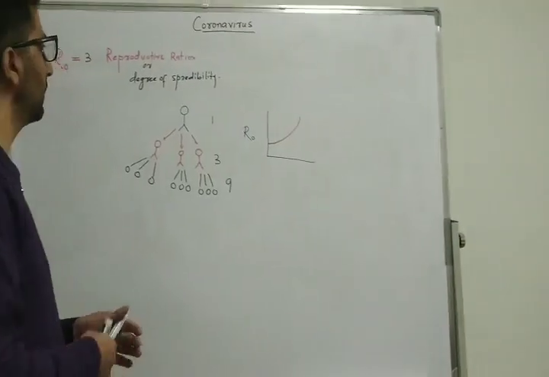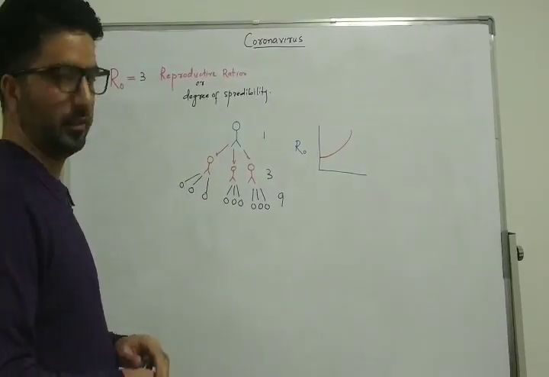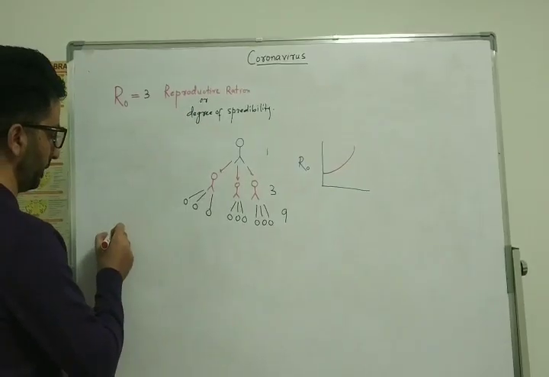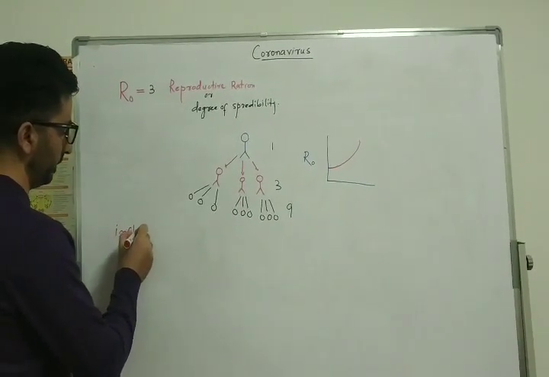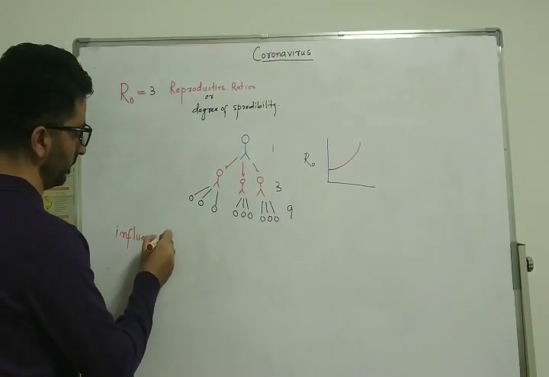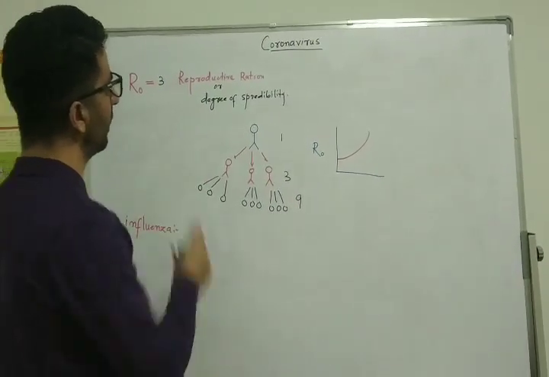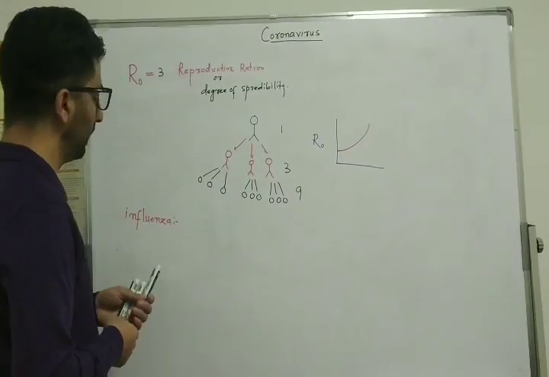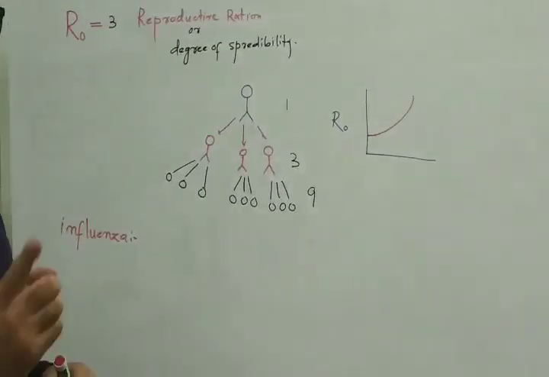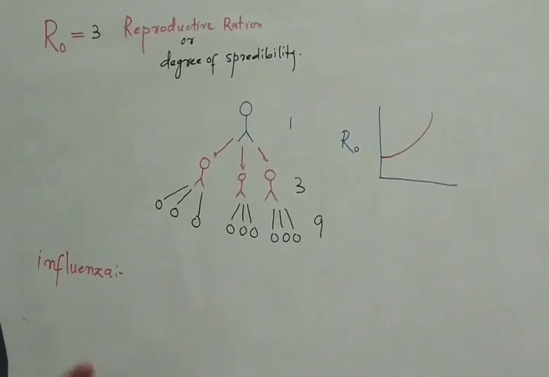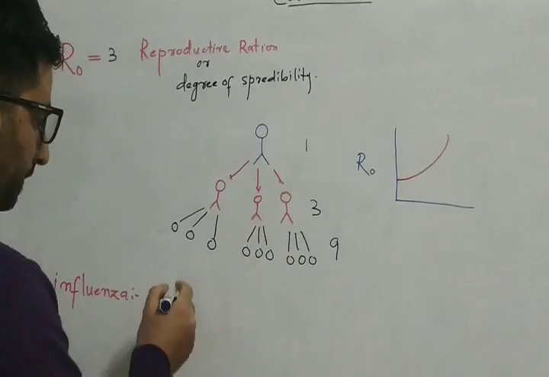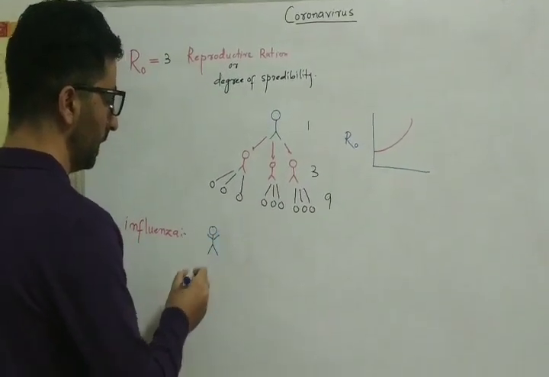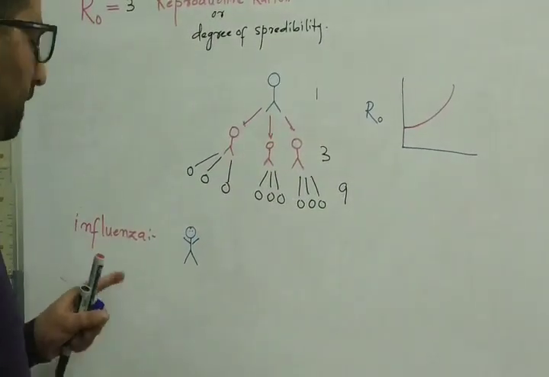In contrast to the coronavirus, there is another disease that's called influenza. What's the R naught for the influenza? It's also in the group of diseases. The R naught for influenza is that only one person can infect only one person. For example, this is one person who is infected with influenza.